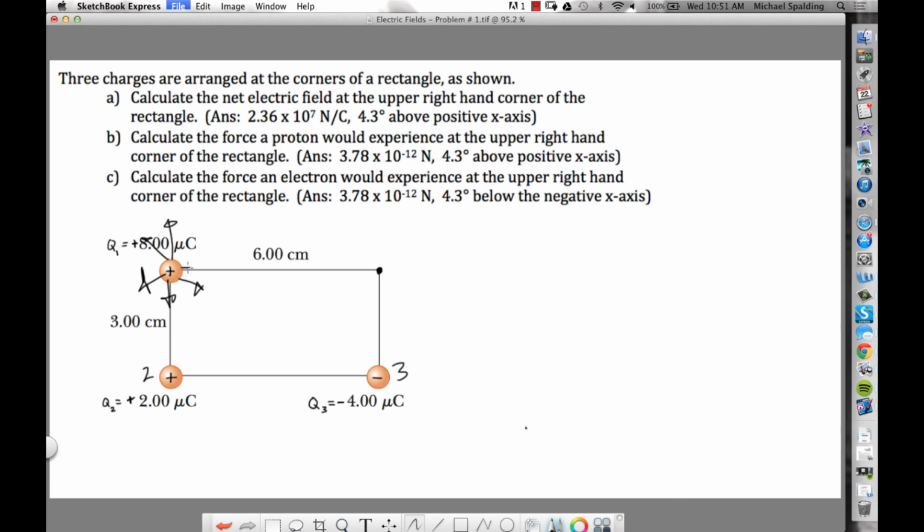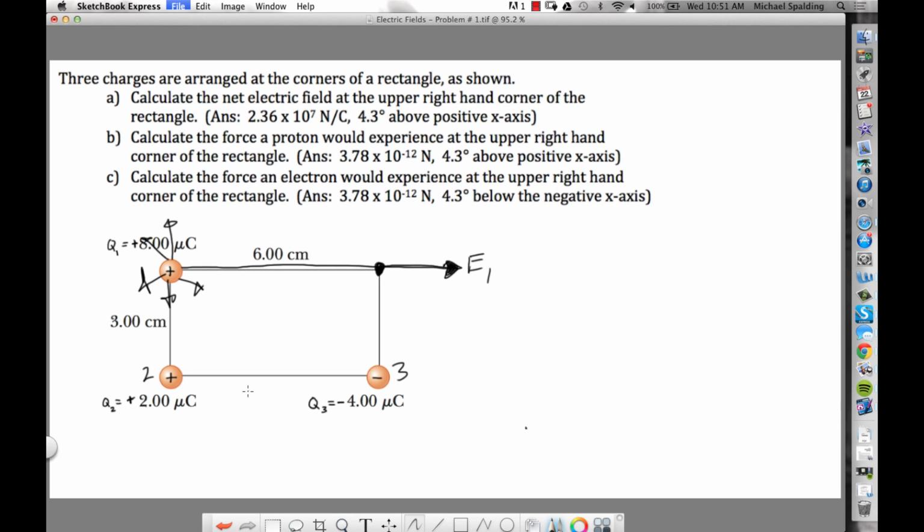Isn't it going like this? Bam, like that. We'll label that E1. At this point, the electric field from charge 1 points directly to the right.